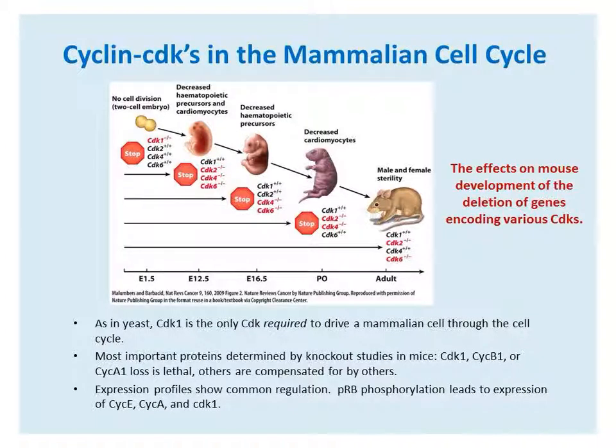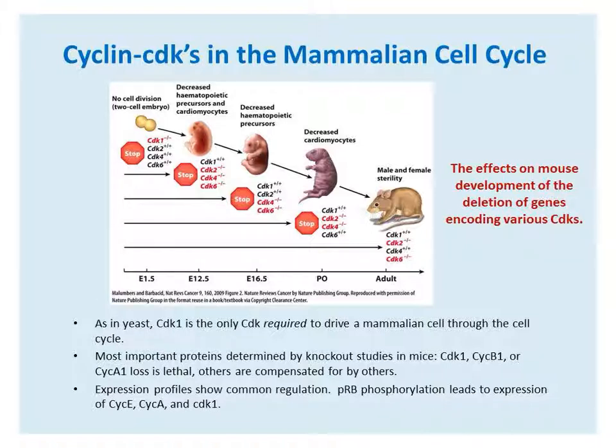To highlight the significance of these CDKs, there have been knockout experiments of each one of these CDKs in mice. That's essentially what knockout experiments are: when you knock out a gene, is it lethal for development of the mice?